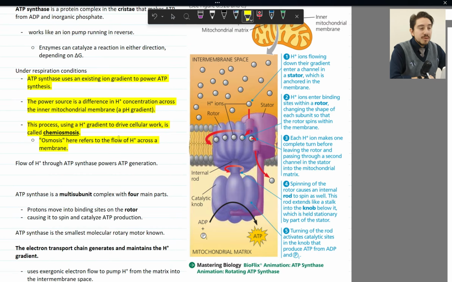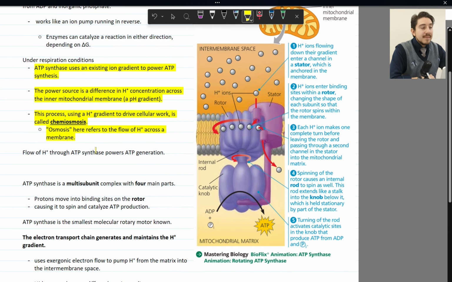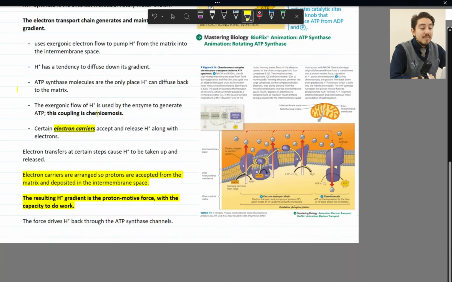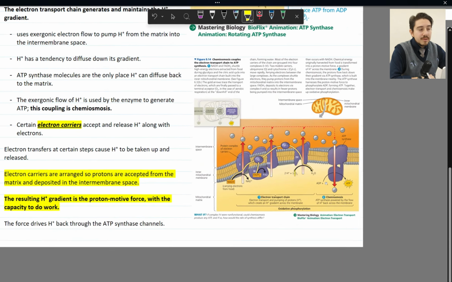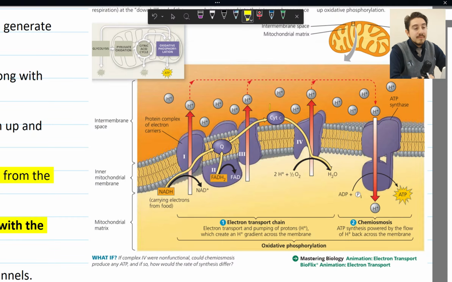But in this particular case, under aerobic respiration, because of the electron transport chain, you are also getting hydrogen ions being pumped. I'm jumping a little bit ahead of myself. Into the intermembrane space, between the inner and outer membrane, you're getting hydrogen ions being pumped out.